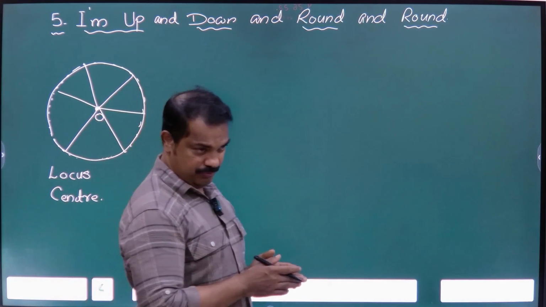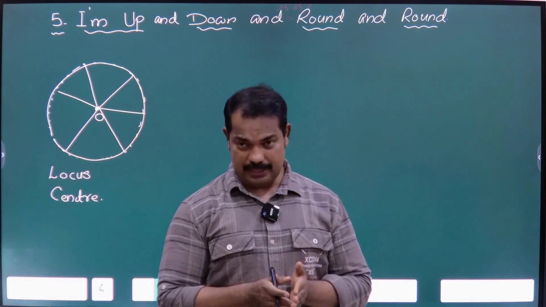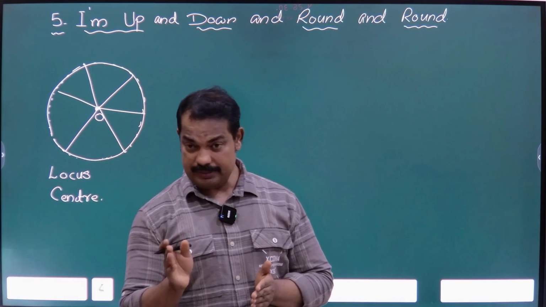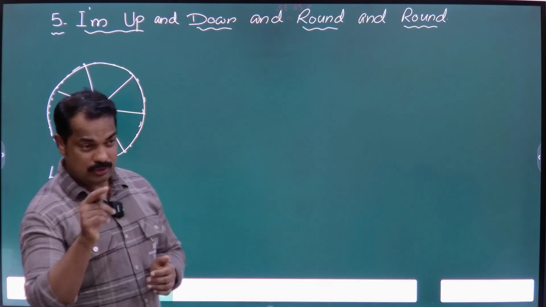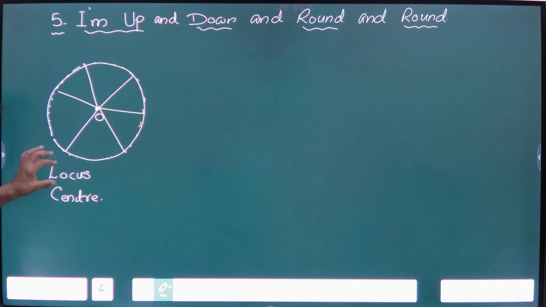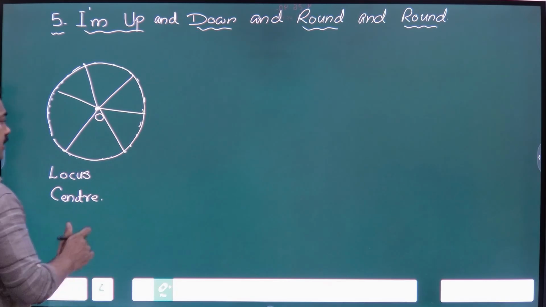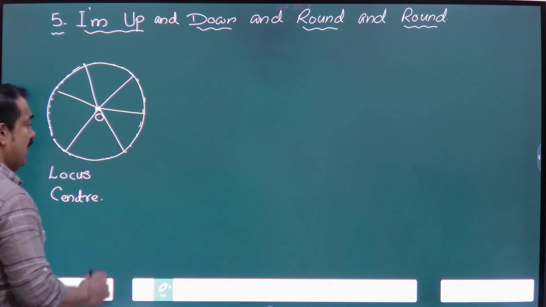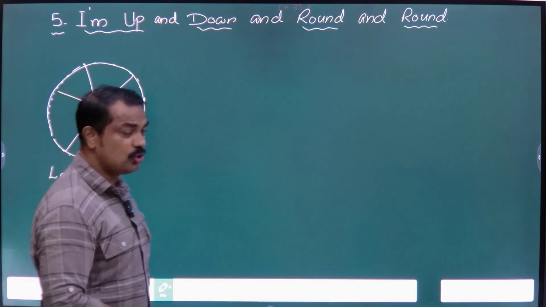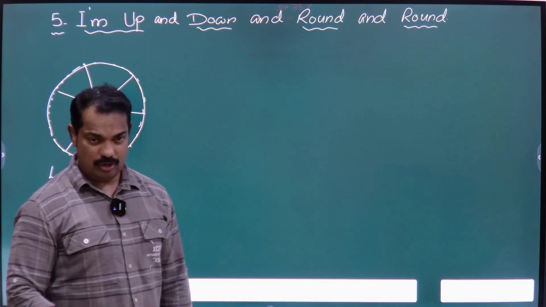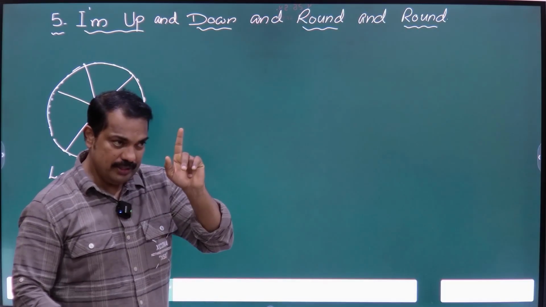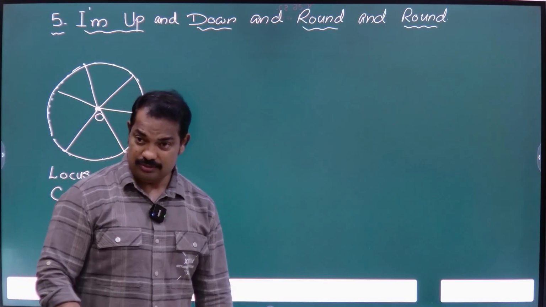The set of points on the plane that are equidistant from a given point, and that point is also lying on the same plane. That is called a circle. This fixed point is called the center, and all the points that satisfy the given condition are called the locus. The path of the point here is a circle.